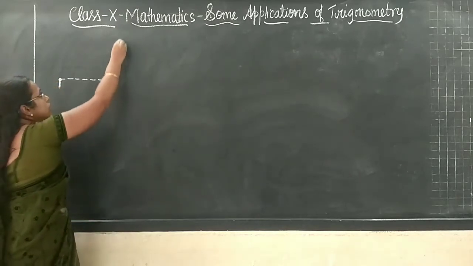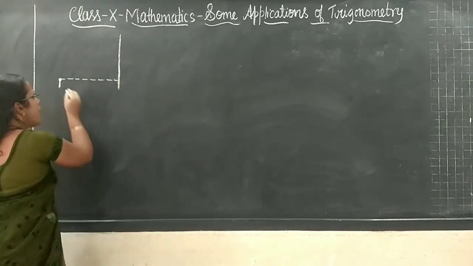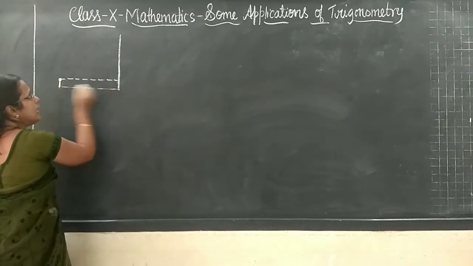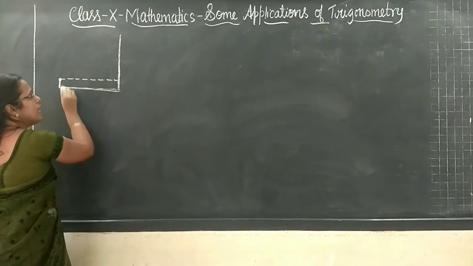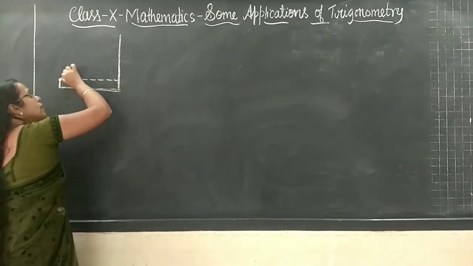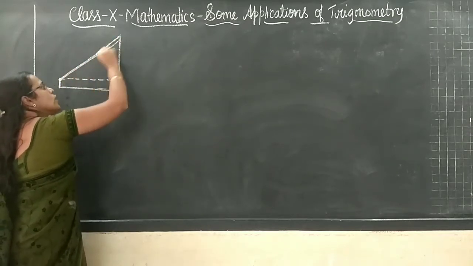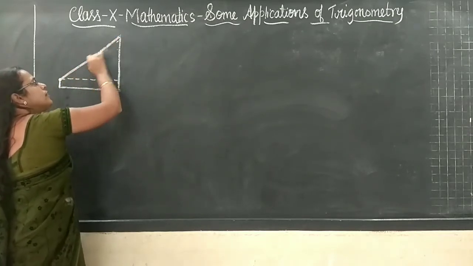So actually like this it will be, with respect to the ground. When I am seeing, it is a horizontal line, but I am lifting the head, which means my eyesight moves in this direction, right? So here it makes an angle.